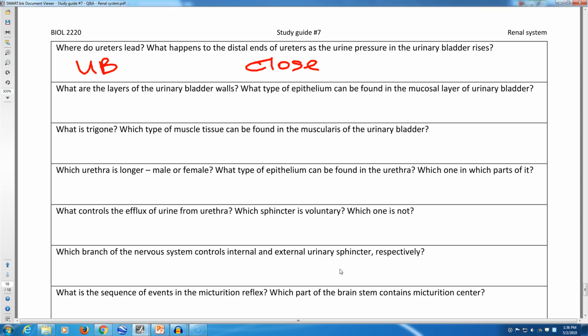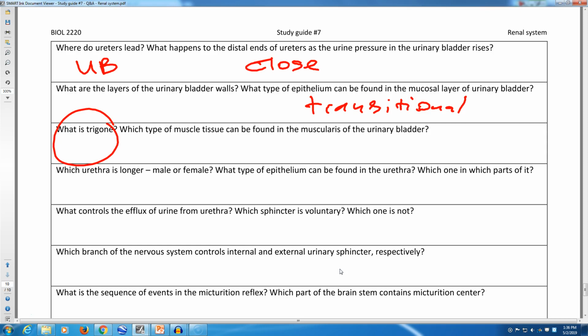Layers of the urinary bladder wall: mucosa, muscularis, adventitia. Epithelium is transitional. Trigone is the area between the opening of the urethra and the ureters in the urinary bladder.